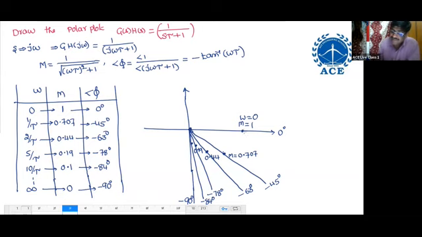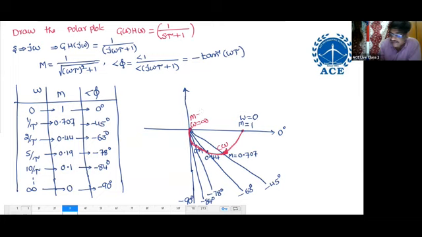Now draw the plot. Give the direction. Clockwise. Here omega infinity, magnitude 0.